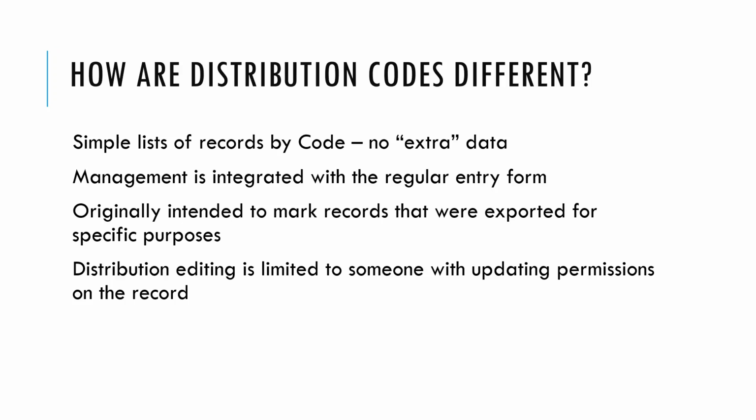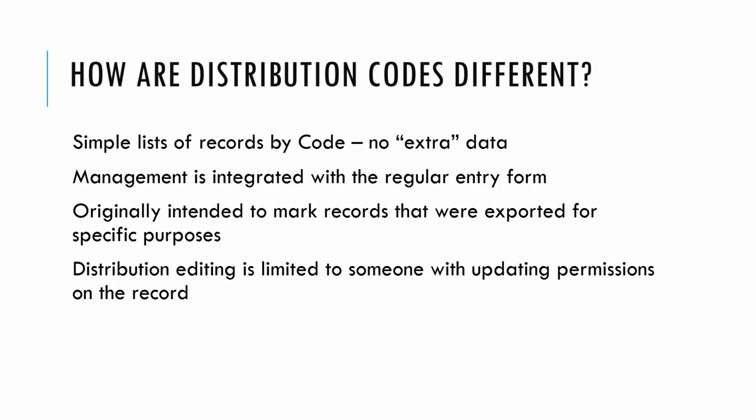Originally, this would have been for the purpose of shipping your records around, exporting for various purposes, not print publications, but for other ways that you need to move data around and make lists for that purpose. And the codes are very, very similar in terms of their structure, but there's no general headings.